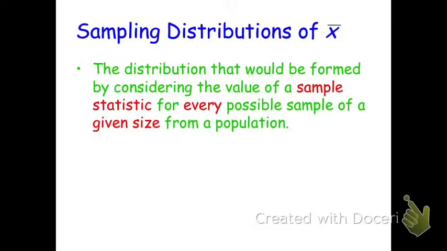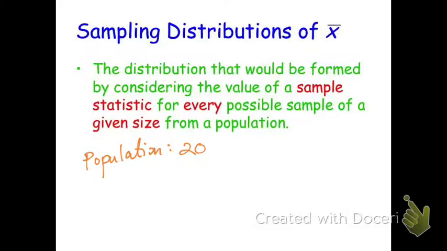Especially to wrap your brain around, but think about, you've got a population. You choose a sample size from that population, and it's taking every possible sample of that sample size. So in this case, my population was 20. The reason why I make the population small is just so that you can wrap your brain around it.